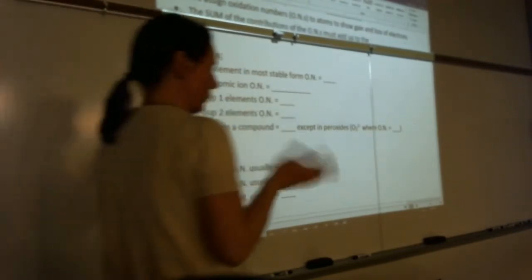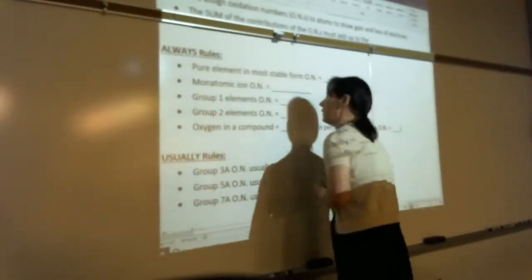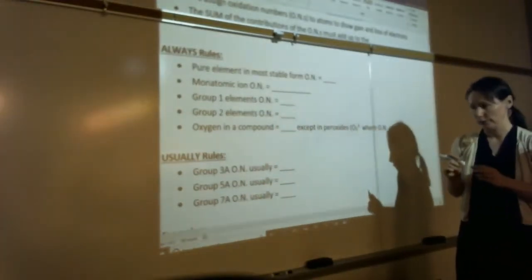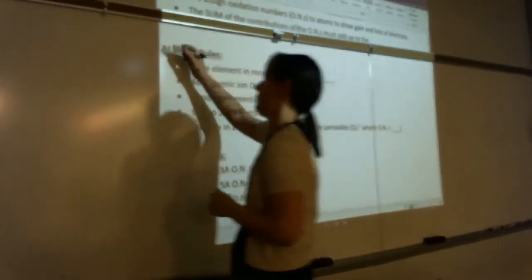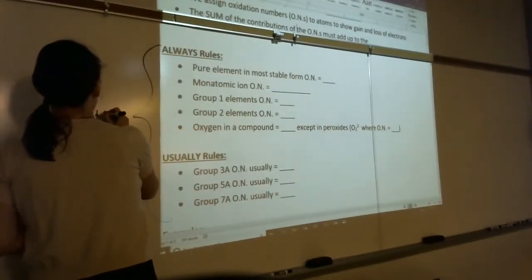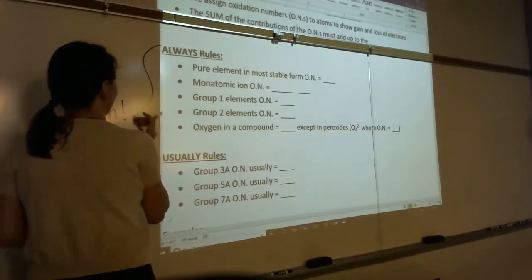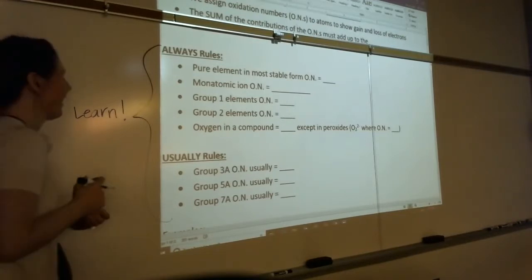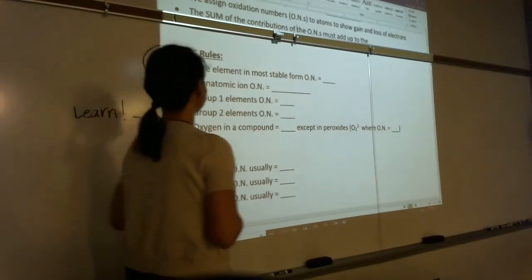If you have the choice between following an always rule and following a usually rule, follow your always rule first, and then if you have to, follow a usually rule. But again, this must be learned. Memorize implies that you're going to remember it short term and then forget, so that's why I prefer to say learn, but I'm a realist. I know that you're probably just going to memorize it. So, please learn it.